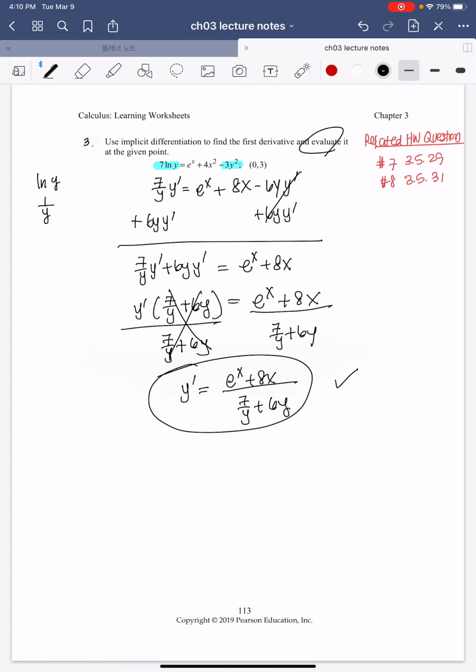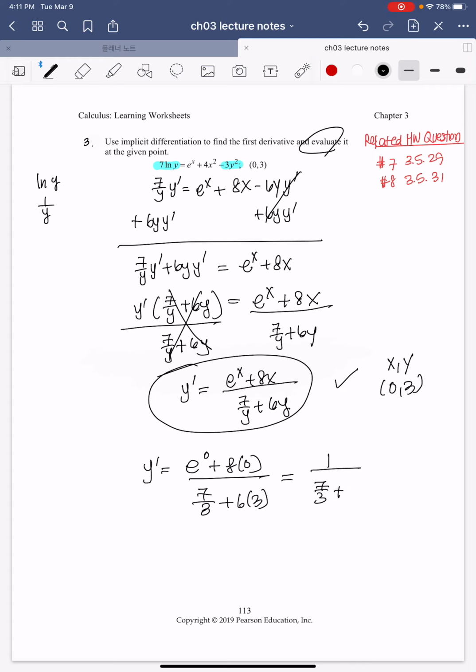But they ask you to evaluate, so I'm going to use (0, 3). This is my x, this is y. So my whole entire value is e to the 0 power plus 8 times 0, over 7 over y, which is 3, plus 6 times 3. So e to the 0 is 1, so 1 plus 0 is 1. On the bottom, 7 over 3 plus 18.